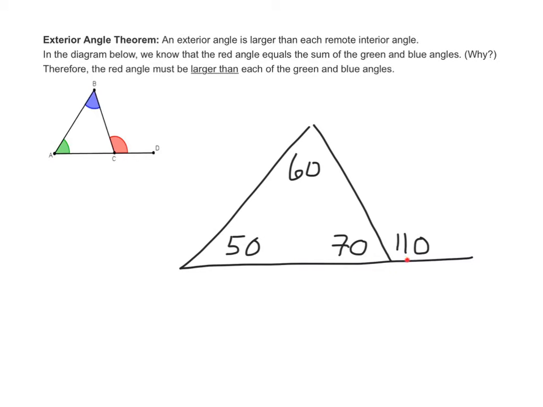They have to add up to 180 together. And as you can see, 110, this angle right here, is indeed larger than that remote interior angle, and the exterior angle is also larger than that remote interior angle. So the exterior angle theorem holds. And I'm hoping you'll also notice that this exterior angle equals the sum of the two remote interior angles.